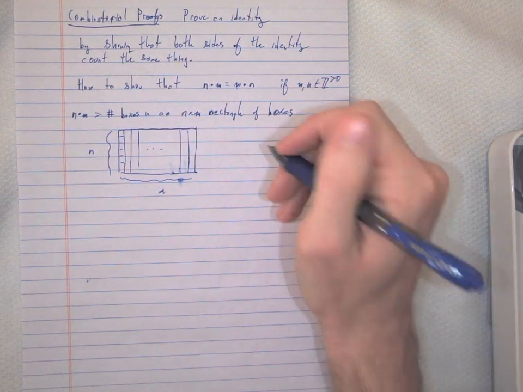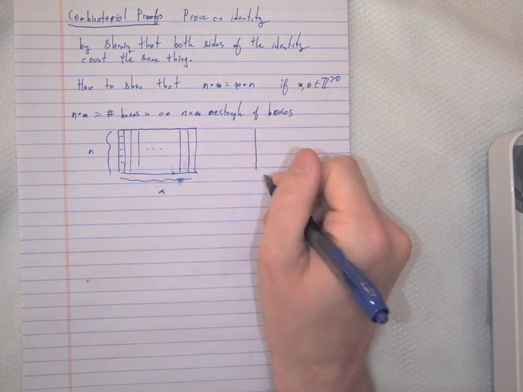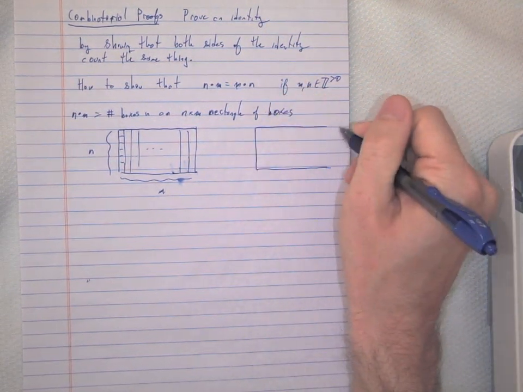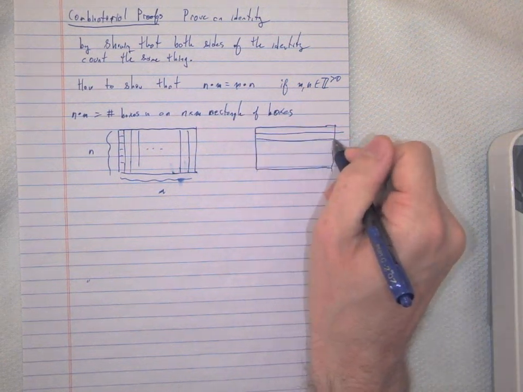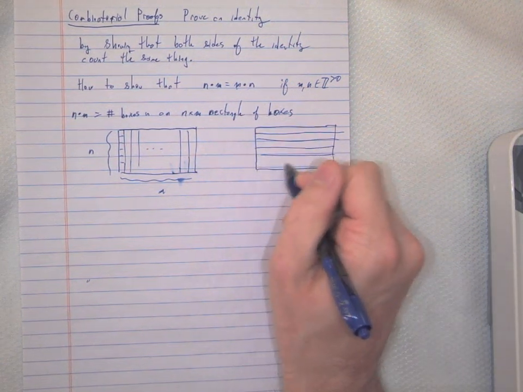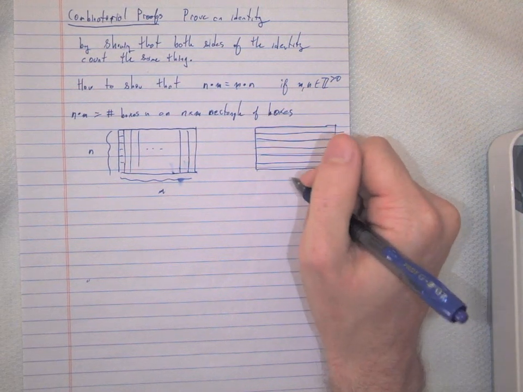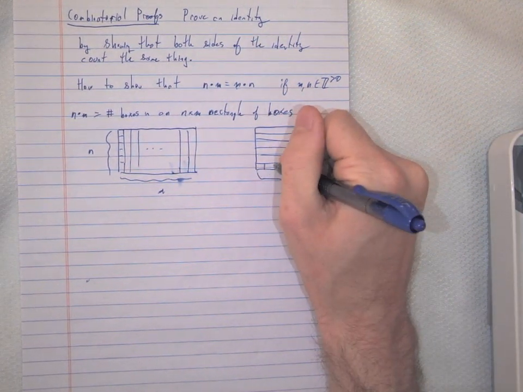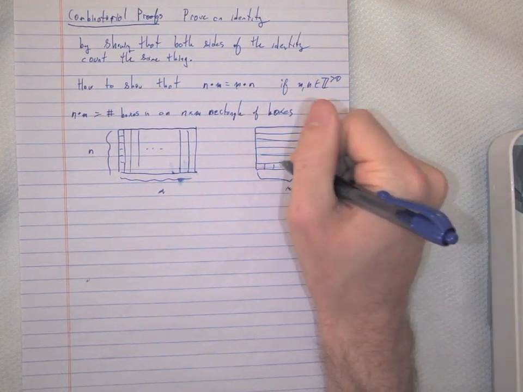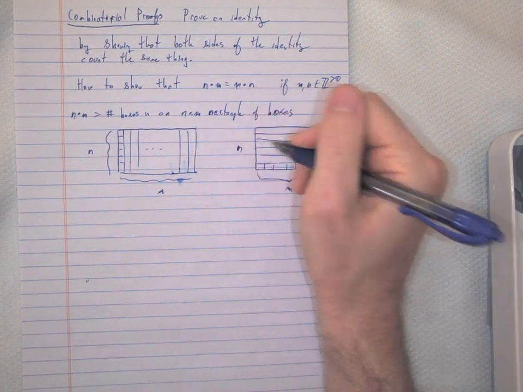I'm counting it one way. Whereas the other side of the equation should be interpreted as taking strips going this way, where I have m boxes in each of this horizontal breaking up of what's going on, and then I take n of these, right?